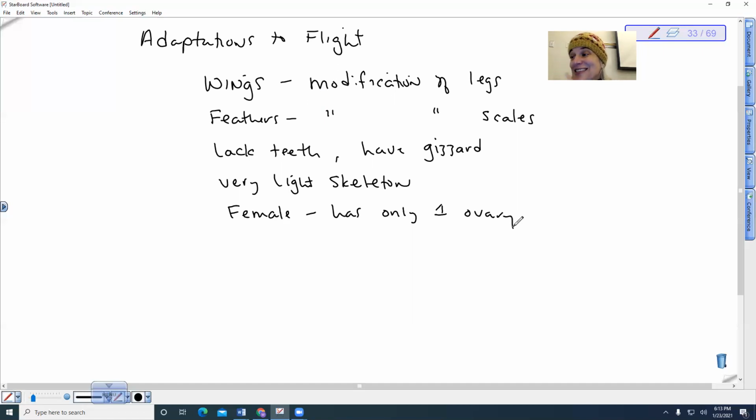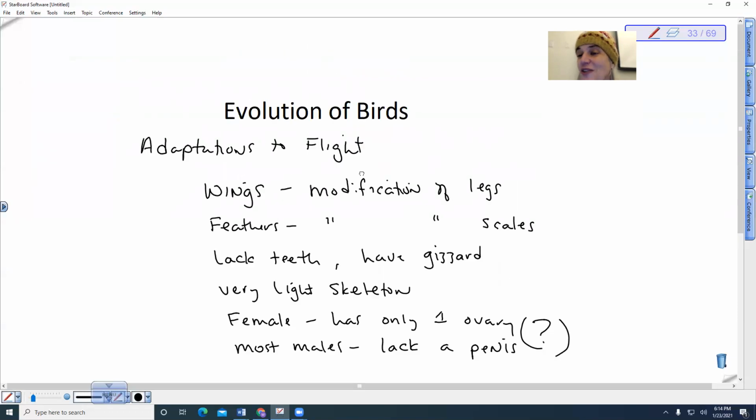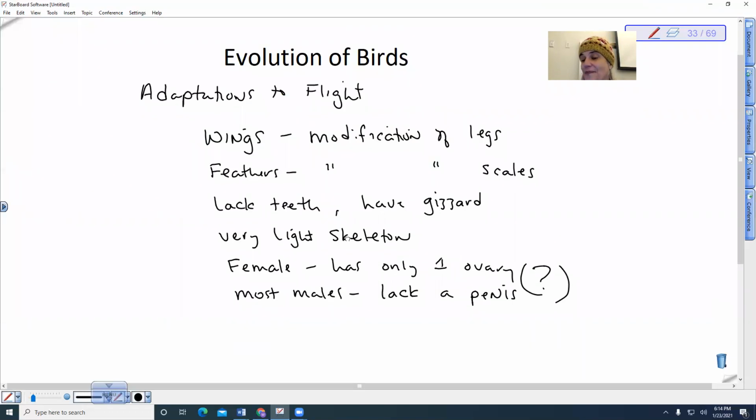Males have 2 testes, and most males lack a penis. They still have internal fertilization, but they don't have a penis. Maybe that's detrimental to flight, right? I'm not sure about this one. Maybe detrimental to flight. Okay, they do have that, but I'm not sure if it's an adaptation to flight.